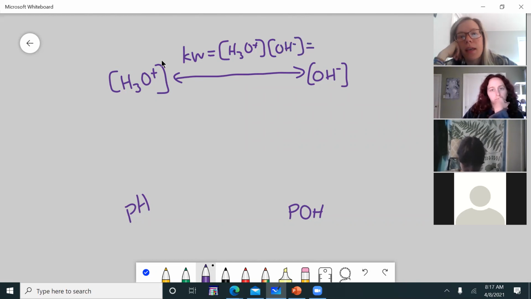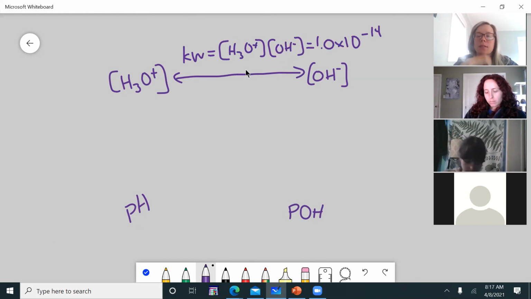And this whole thing, again, let's write the Kw constant, which is 1.0 times 10 to the negative 14. You can rearrange these two things to isolate, right? If I want to solve for H3O plus, I have to divide the constant by OH. If I want to solve for OH, I need to divide the constant by H3O plus. So let's do a couple of those. We can check that limb off.